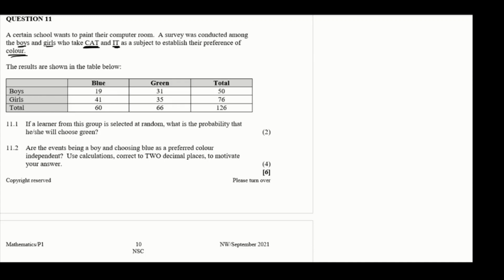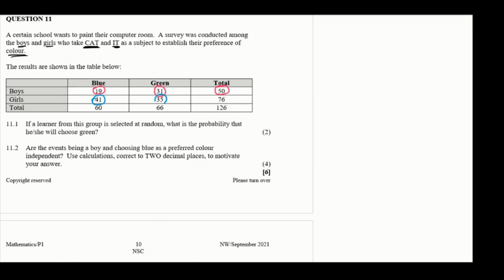So the boys who want the room to be blue are 19, and those that want the room to be green are 31. So the total number of boys who want the room to be blue and or green, because this is a combination of both colors, is 50. The number of girls that prefer the room to be blue are 41.